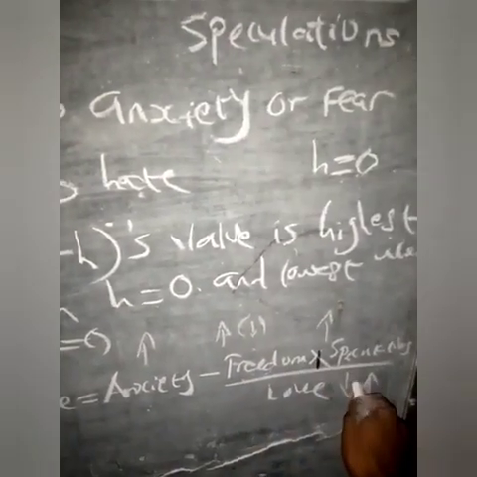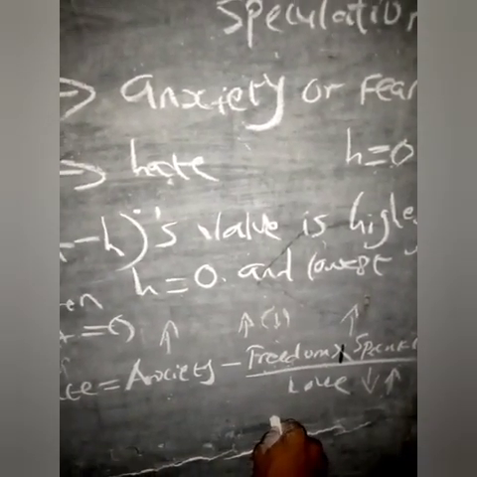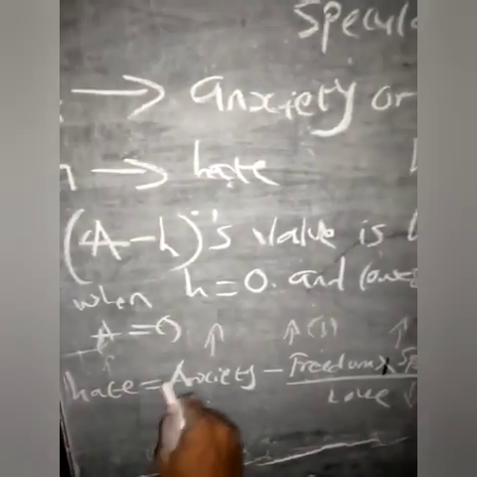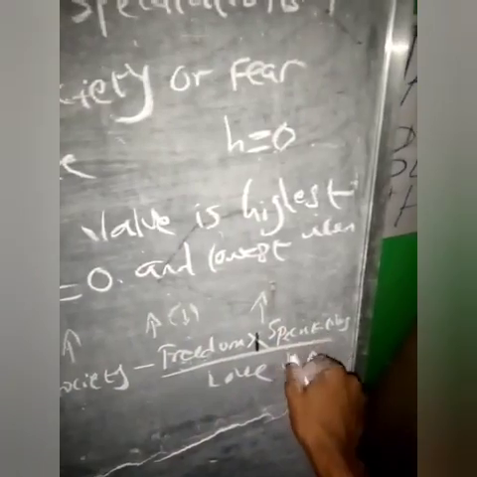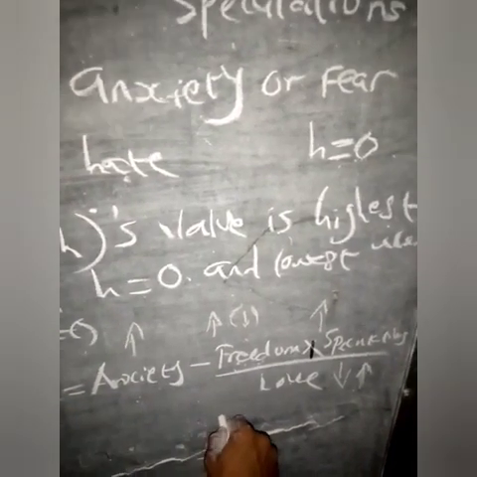Thinking about that thing alone reduces the freedom of your mind. So that is why an increase in love will lead to a decrease in hate, a decrease in anxiety, a decrease in freedom, and a decrease in speculations. Because for you to love something, you have to think about the details of that thing, what the benefits of that thing are, and so on.